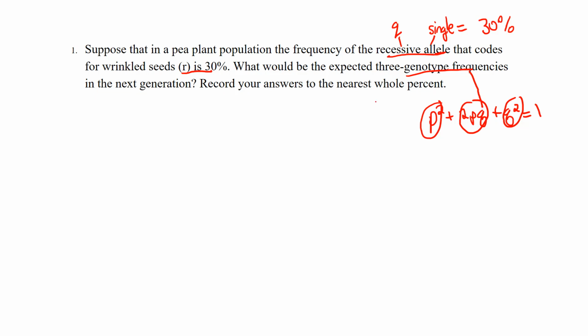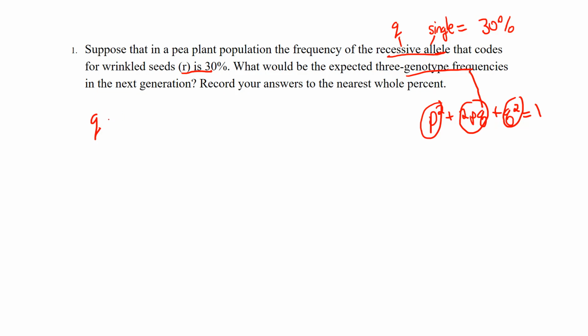But in all these circumstances, you can see that using q, we're going to have to go find p. Because once we have both q and p, the single q and p, then we can just pop them into our formula and calculate any of the three genotype frequencies. Okay, so step 1, we know that if we have percentages, we have to change that into a decimal.